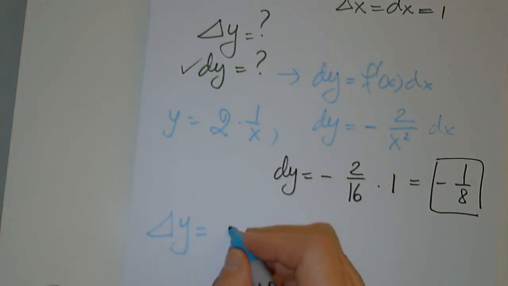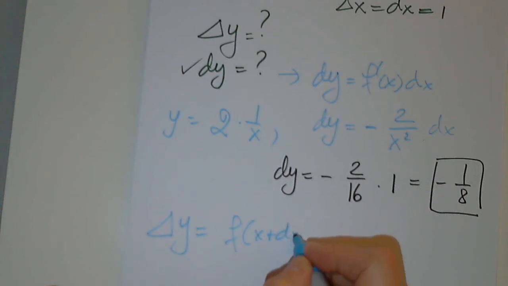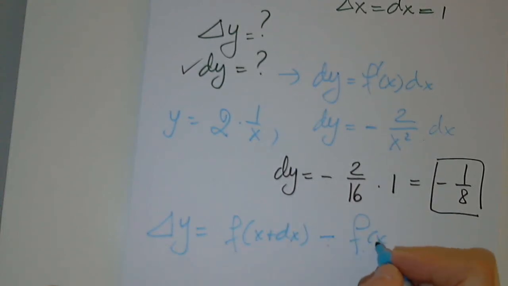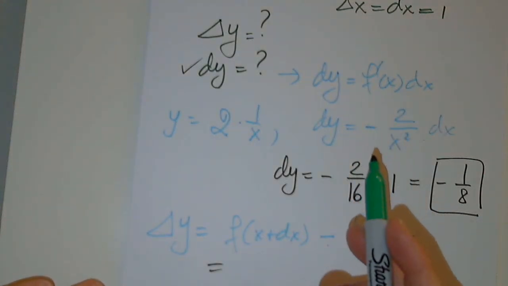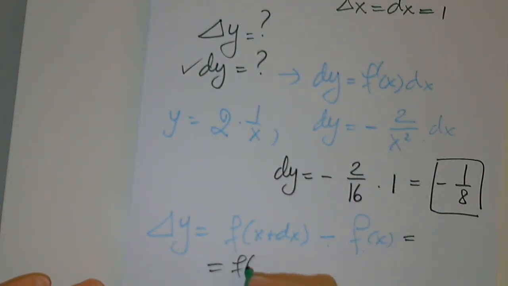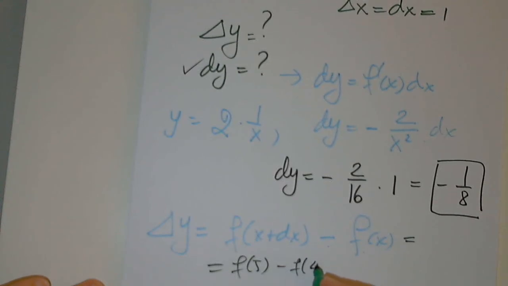Delta y is f of x plus dx, minus f of x. And this is the exact change, the exact change triggered by dx, 1, in the function. So since x is 4 and dx is 1, this will be f of 5 minus f of 4.